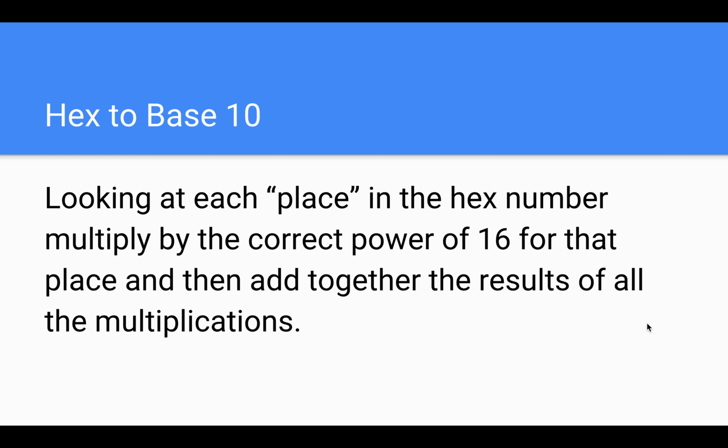Hex to base 10. So for this one, you look at each place in the hex number and multiply by the correct power of 16 for that place, and then add together the results of all those multiplications.